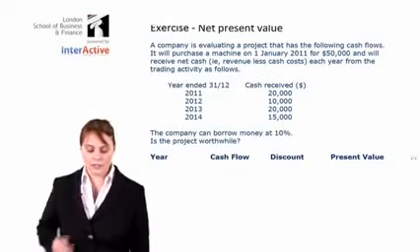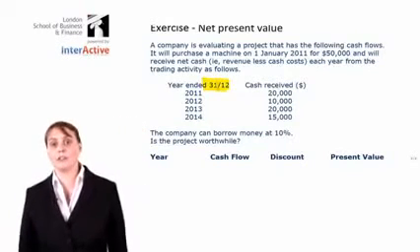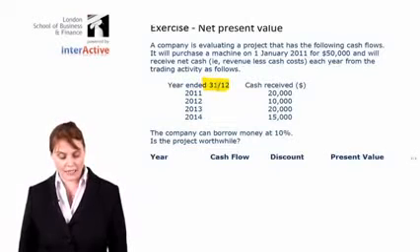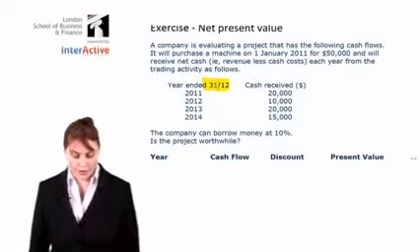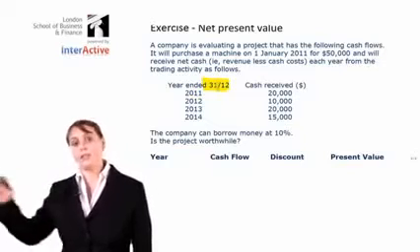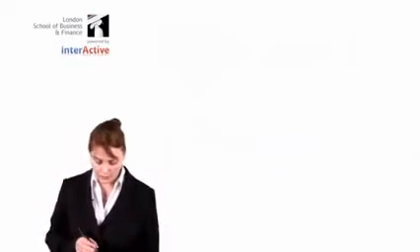So the year ended 31st of December for 2011 through to 2014. So the first thing we're going to do then is plot this on a little timeline so that we know exactly what's going on.